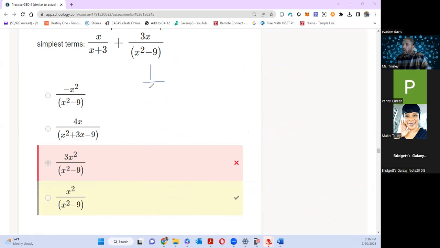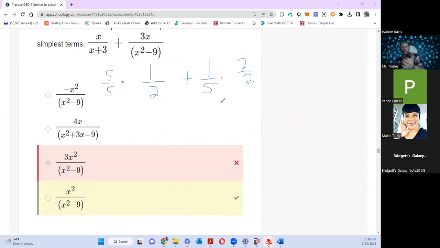So I got 1/2 plus 1/5. They don't have like denominators, right? So you want them to have the same denominator. So I got to multiply this right side by 2 over 2, and I got to multiply this left side by 5 over 5. Why?